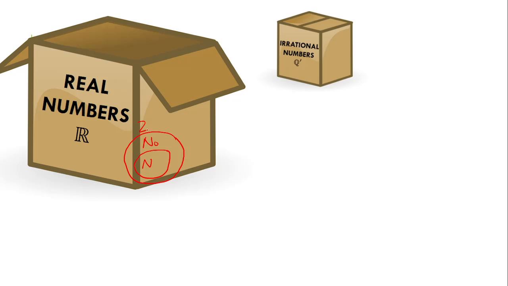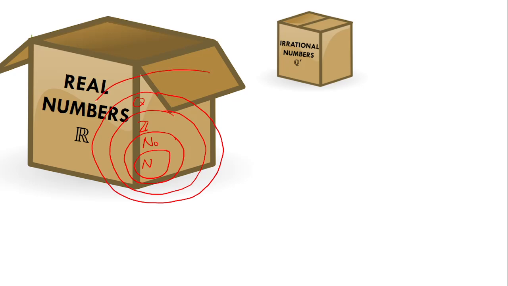Then we've got our integers, natural and whole fall within that. Then we've got our rational numbers. Everything falls within that. And then we have our real number system. So that's our real number system.